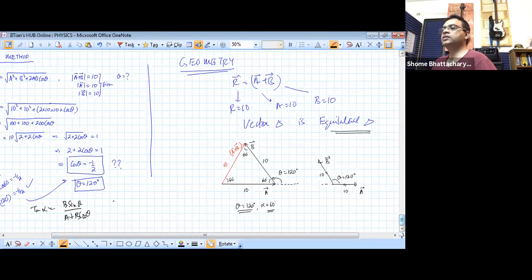So again, here you will need the trigonometric formula that cos 120 will be minus cos 60 or minus half, whereas sine 120 will be positive of sine 60. So that is root 3. And A is equal to B is equal to 10. So when you substitute all that over here, you will get tan alpha equal to root 3. So that will tell you that alpha is 60 degrees.